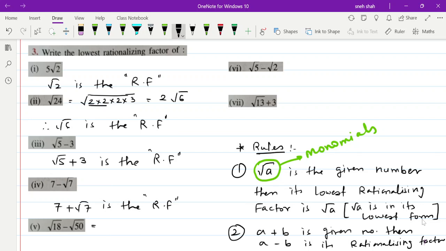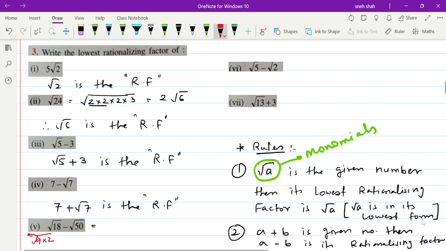Now in question number 5, root 18 minus root 50 looks like a binomial, but the numbers of that binomial are not in the lowest form. So root 18 can be converted into its lowest form as root of 9 into 2, and 9 will come out as 3, since 3 threes are 9 will contain a pair of 3.